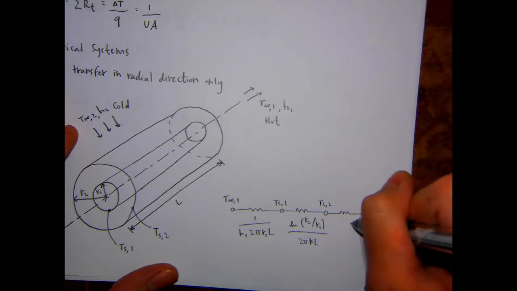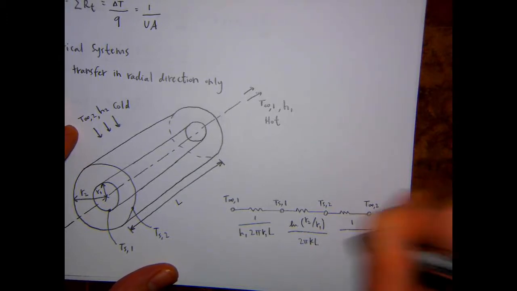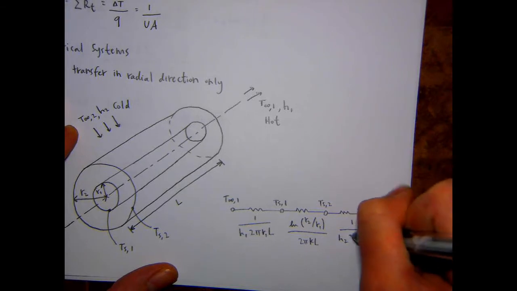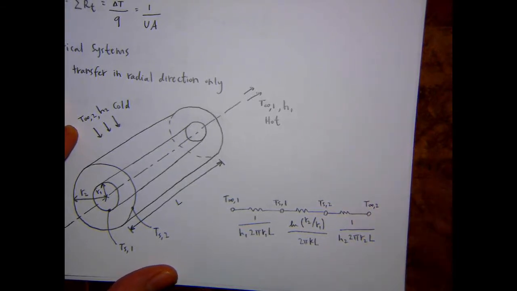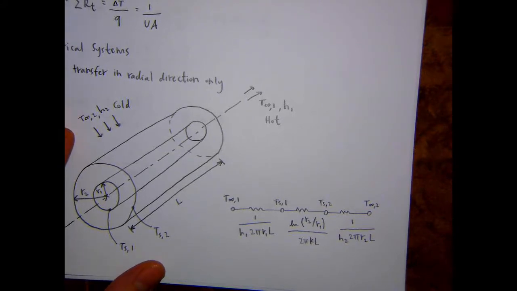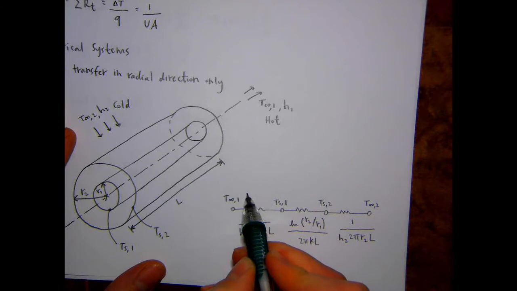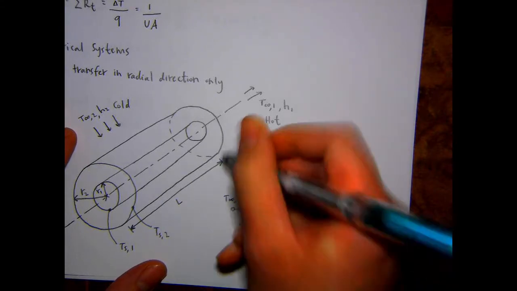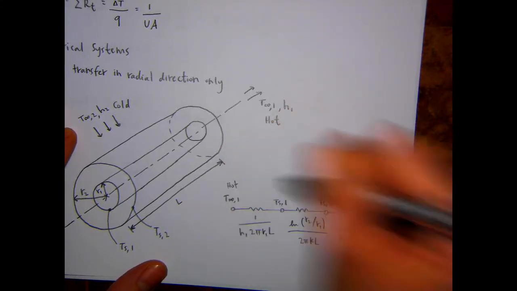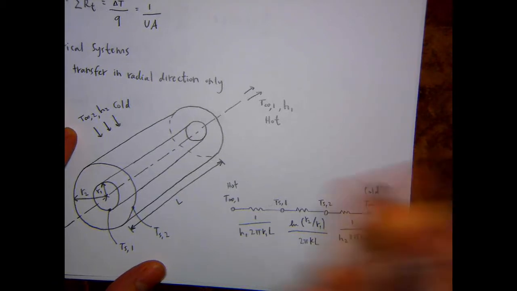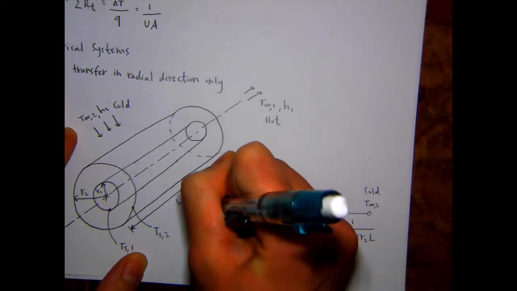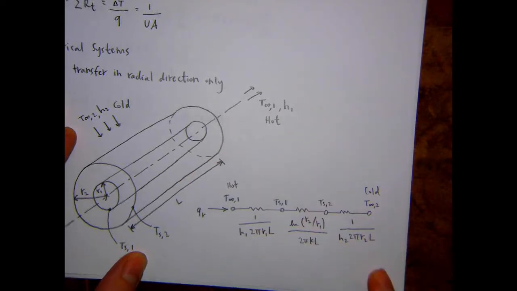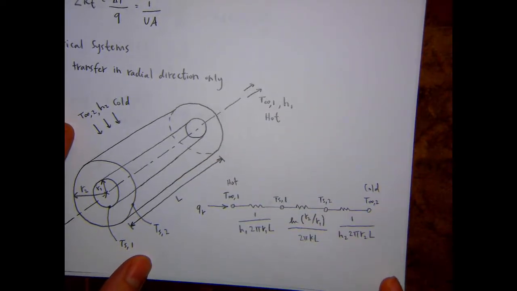And then again, convection, so the convection thermal resistance is 1 over H2 2 pi R2 L. This is hotter and this is colder. So we know we have heat transfer going from the left to the right, and that's Q sub R, heat transfer in the radial direction.